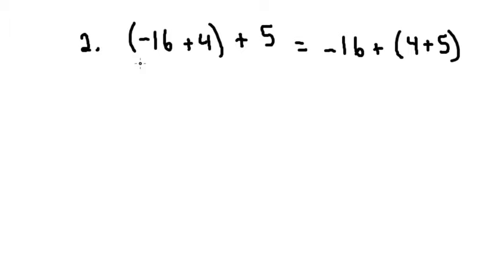So that means that the parentheses is showing that these 2 numbers are associating with each other, and now a different 2 numbers are associating together in this parentheses. So we call that the associative property.